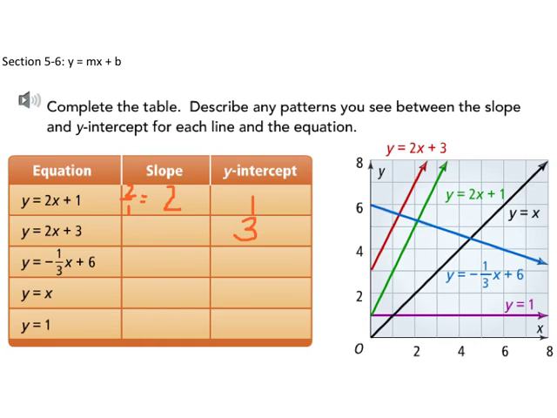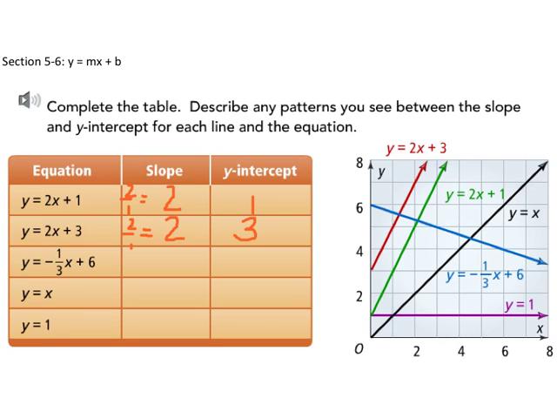And the slope of the line, let's follow that line. From here we're going to go up 2, right 1, up 2, right 1. So the slope of this line is also 2 over 1. And I'm going to simplify 2 over 1 to equal 2.